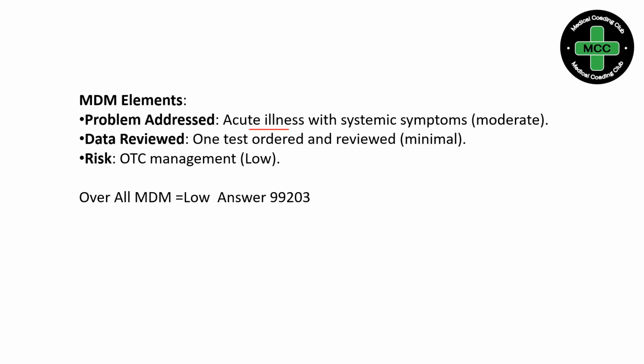Problem addressed is acute illness with systemic symptoms, because COVID-19 was there. With that, we had a few symptoms also, and considering the patient's age of 95, we are concluding it as acute illness with systemic symptoms, which can severely damage his respiratory system.